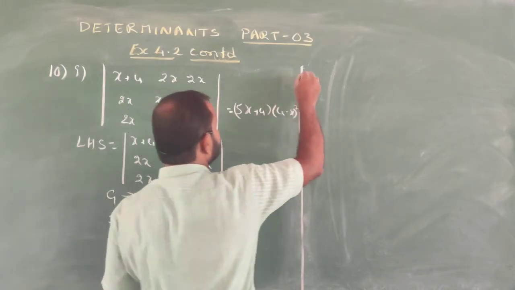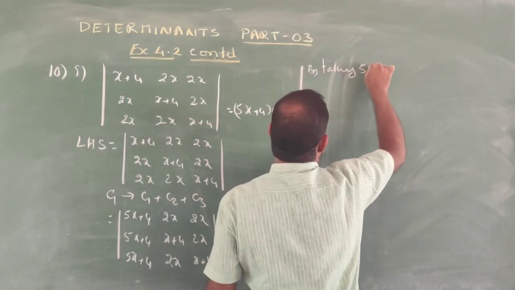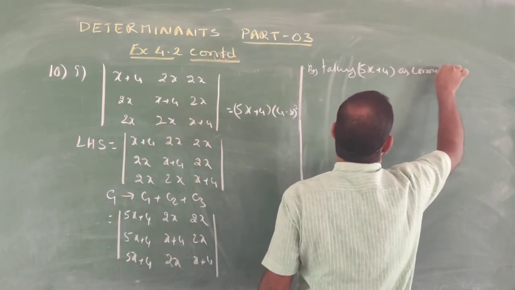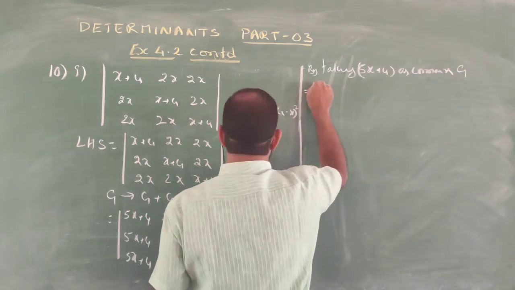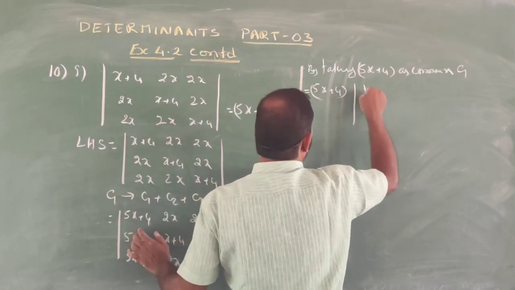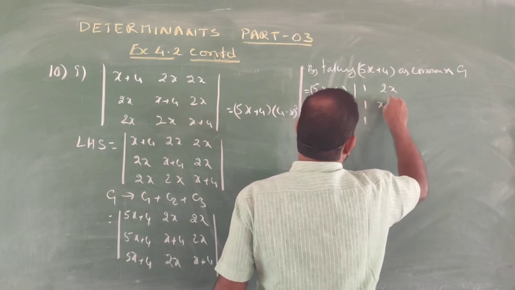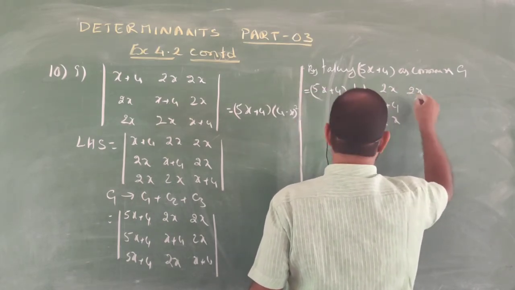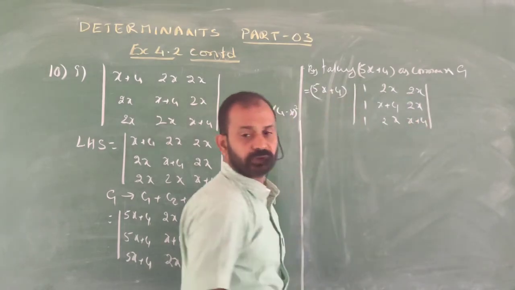By taking 5x plus 4 as common in C1, we get 5x plus 4 into 1, 1, 1; 2x, x plus 4, 2x; 2x, 2x, x plus 4.